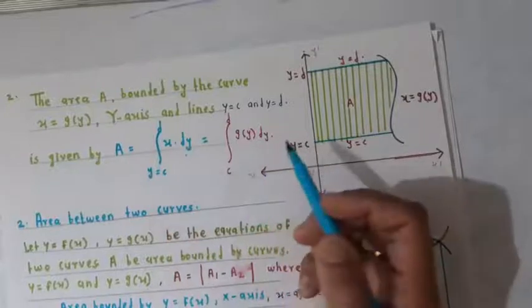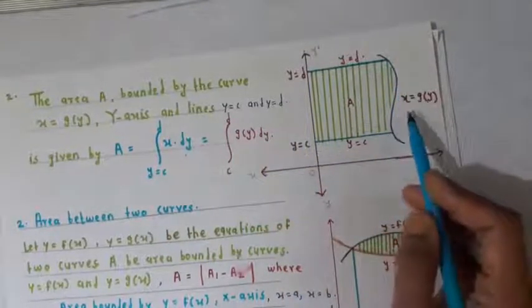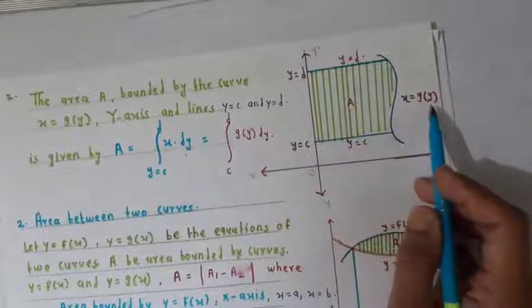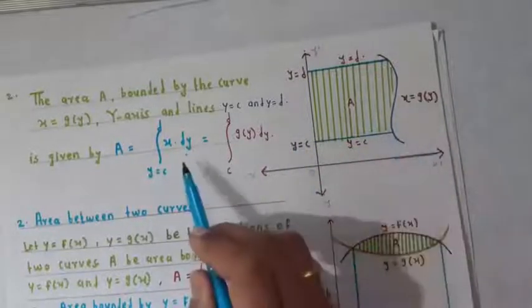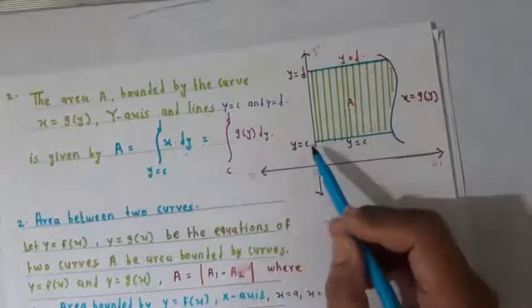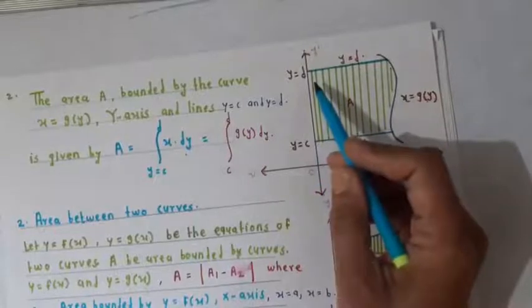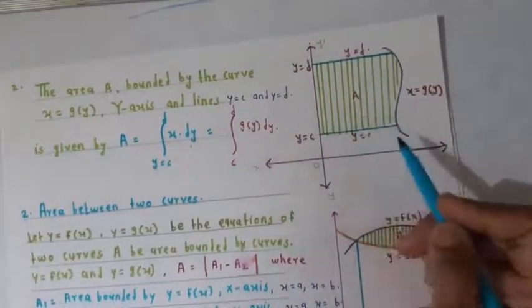Because the curve is along the y-axis and is a function of y, we have to integrate with respect to y. In this way we have to find the area.